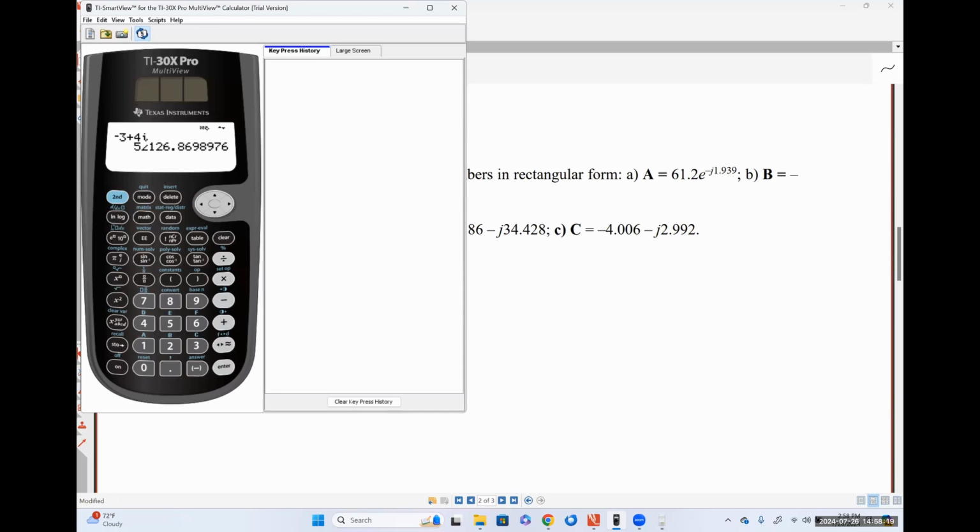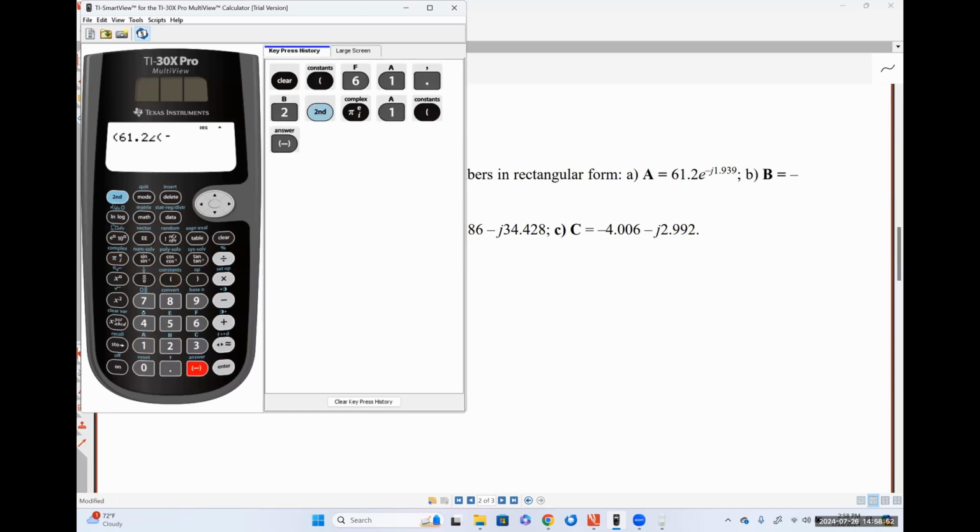There are 180 degrees in pi radians, so if I were to put this into my calculator, I would put in, and I'm just in the habit of using parentheses, 61.2, second pi is going to pull up the complex menu. Our angle operator here is just option 1. I'm going to do another parentheses because I'm going to do some math on this angle.